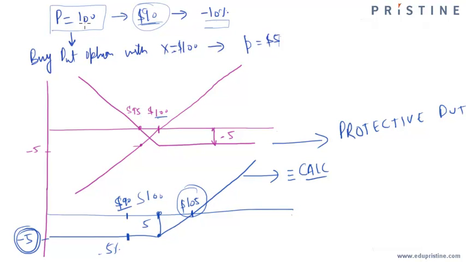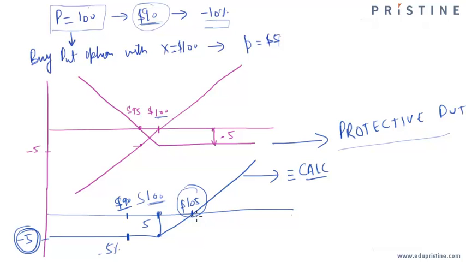But if we had a simple naked stock position, the stock would have started making a profit even after $100. But when we undergo a protective put strategy, the profit does not come beyond $100, but it comes beyond $105.